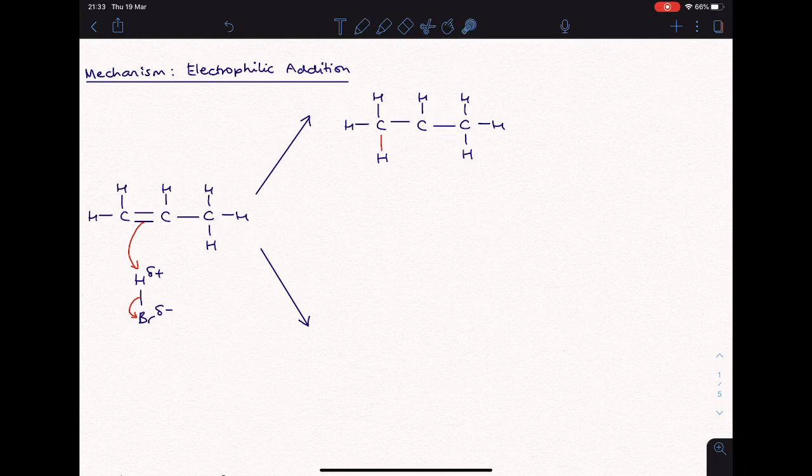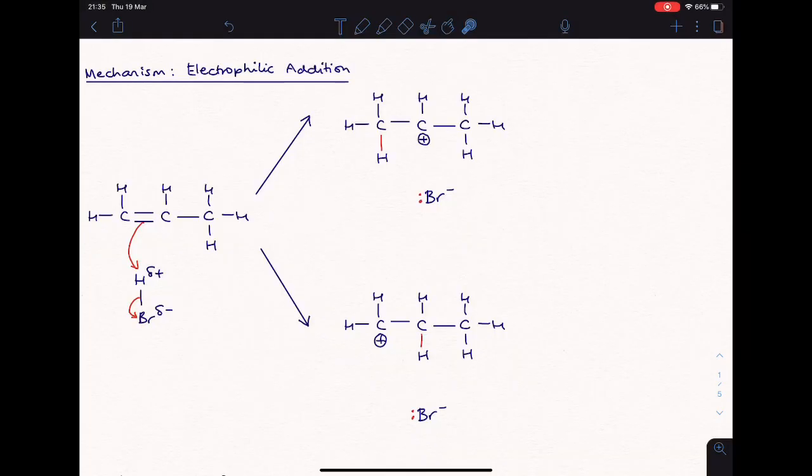pi bond, and the other carbon that was forming the double bond would now be electron deficient, having lost the electrons, and it would have a positive charge. It's a carbocation. The alternative is for the hydrogen to bond to the second carbon in the propene, and we have a different carbocation intermediate.